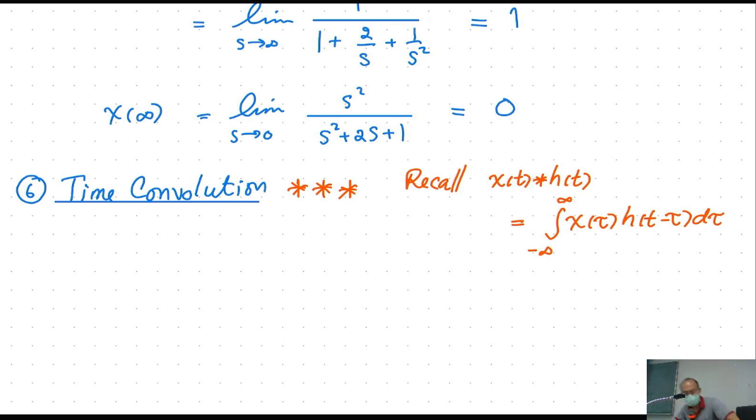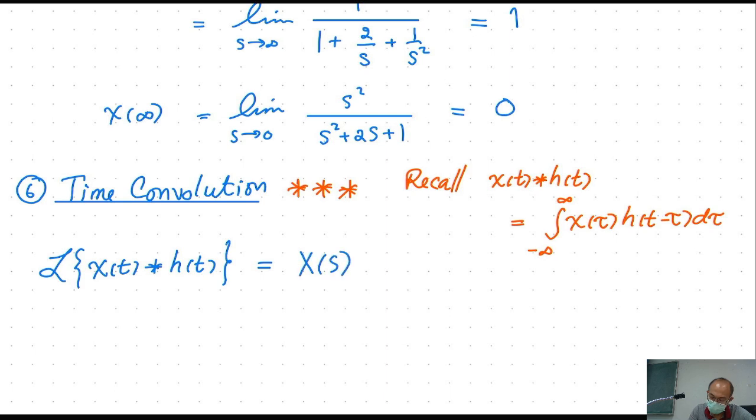It goes like this. If we take the Laplace transform of x(t) convolved with h(t), the result of the Laplace transform would be as if we're doing X(s) multiplied by H(s). These two are equivalent.